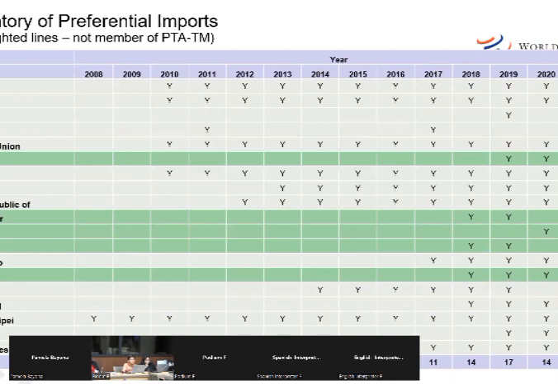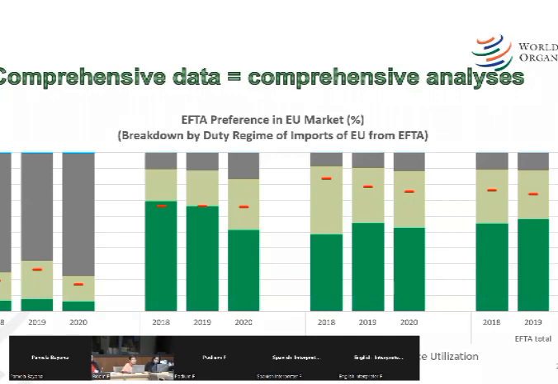This is just a sample inventory of the IDB data for which there's a breakdown of preferential imports. So those countries or WTO members which are highlighted, this means that they provide data to us, the optional data, even though they are not part of the PTA transparency mechanism. When you have comprehensive data, then you can do comprehensive analysis.